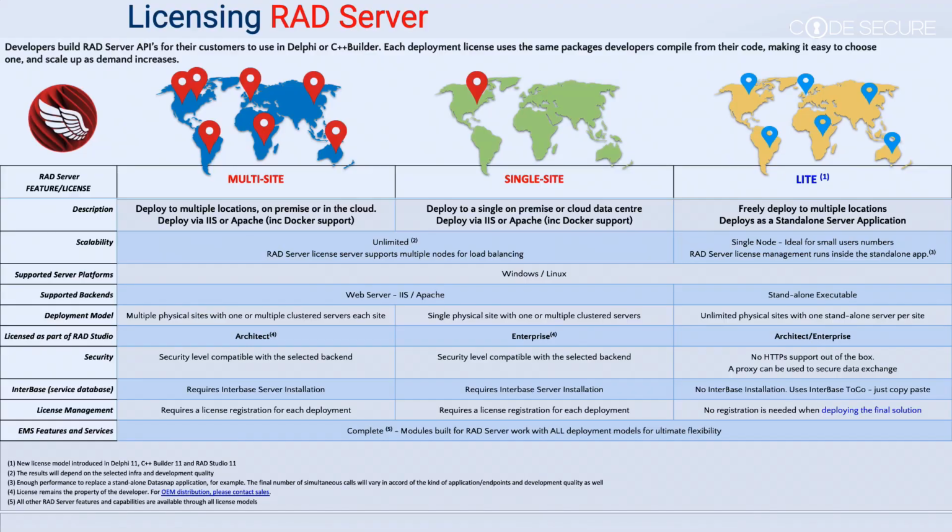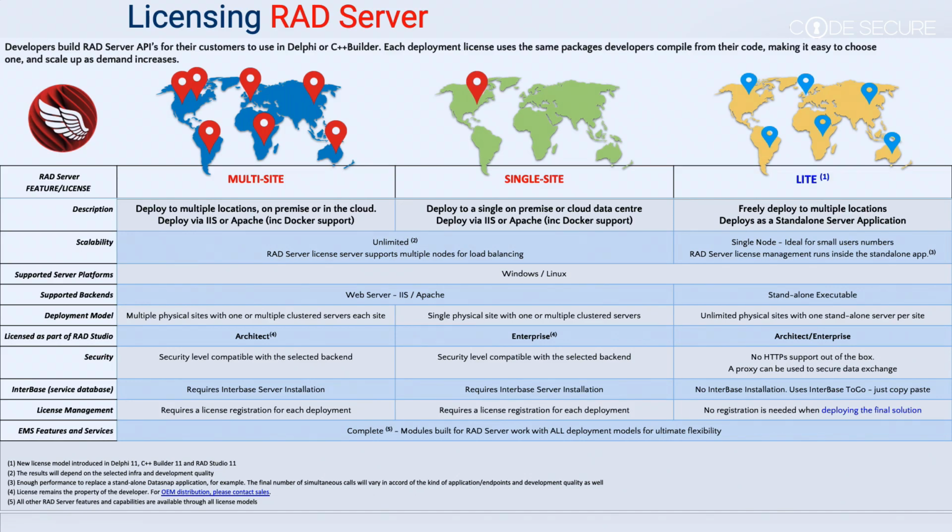Now, there are some licensing considerations with RAD Server. The Enterprise Edition is required for all the components that come with it. The Enterprise Edition includes a license for running it on a single site. So if you have an enterprise and you want to install and use it in there, you just need a single enterprise license. The Architect Edition includes a multi-site license, so you can run that over multiple sites.